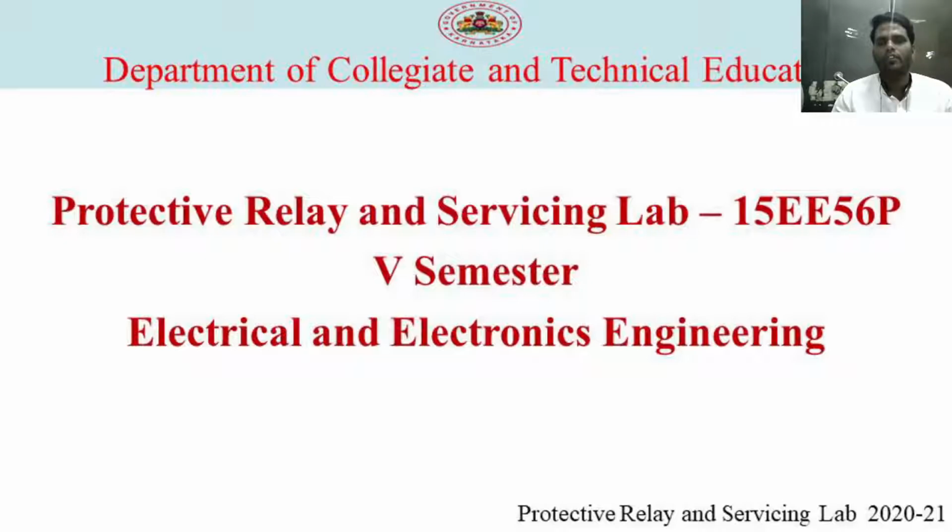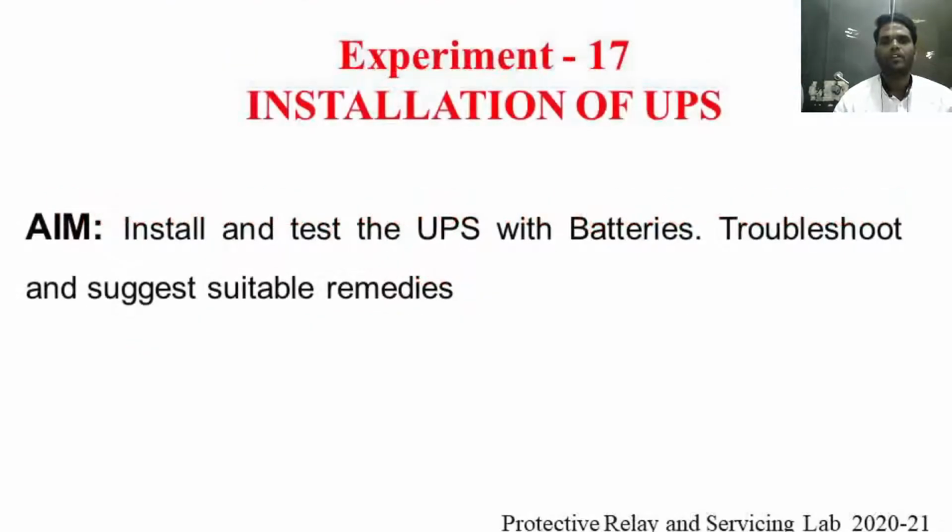In this session, we are going to discuss the installation of UPS with batteries along with the load. So here we are going to troubleshoot problems in the UPS and suggest suitable remedies. Let me start with the experiment with the aim.